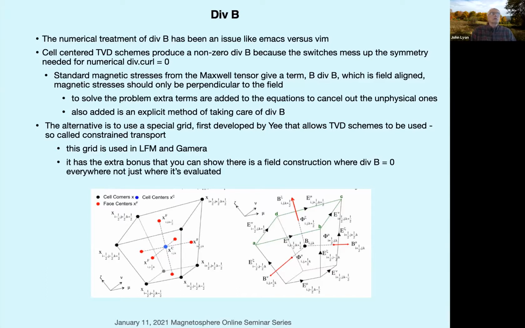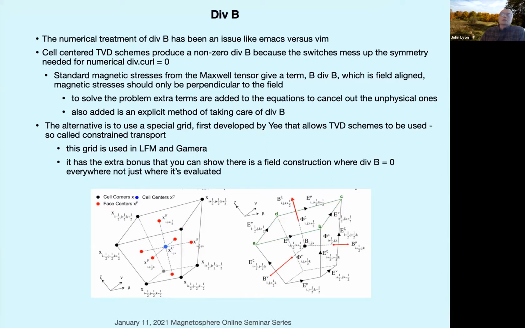The alternative, which we use in LFM and in Gamera, is the E grid. On the lower right grid there, basic picture, you can see how things line up. Phi is the magnetic flux going through a face, and E is the electric field.